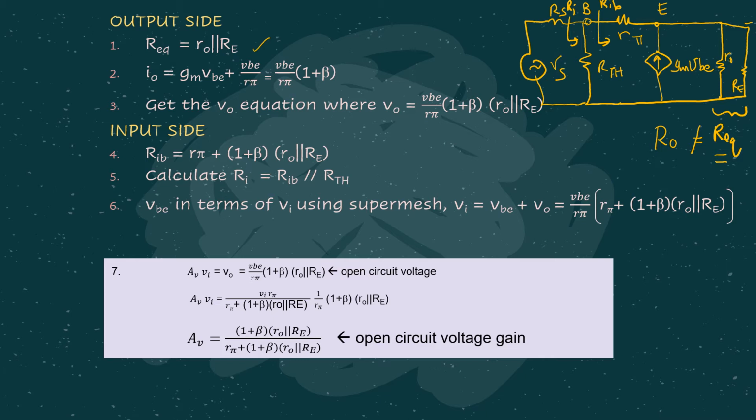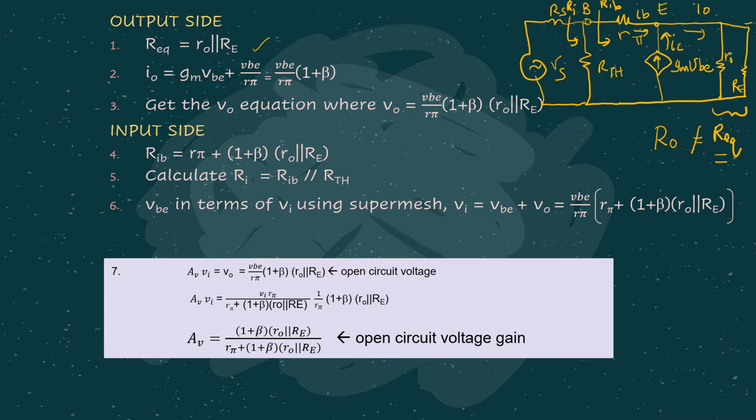Then step number 2, we need to find I0. As we know here, this is our I0. Then obviously from here we have IB and IC, which contribute to our I0, the current at the emitter terminal, the output current.